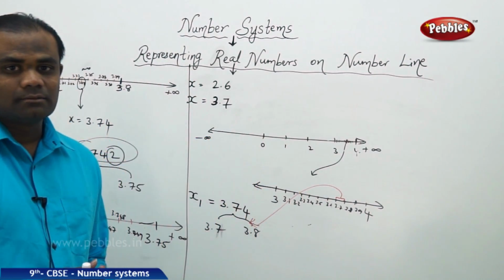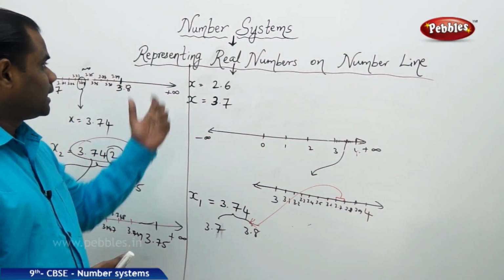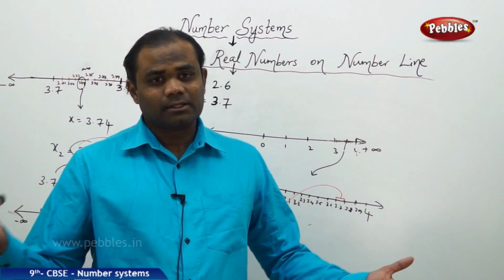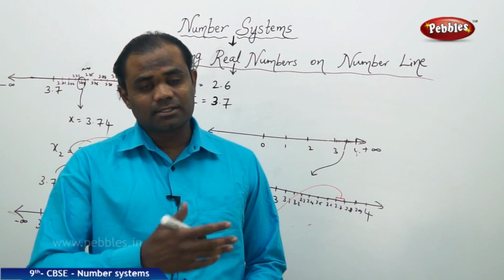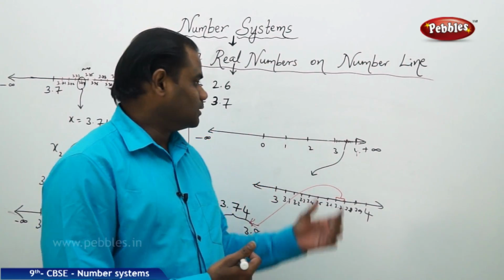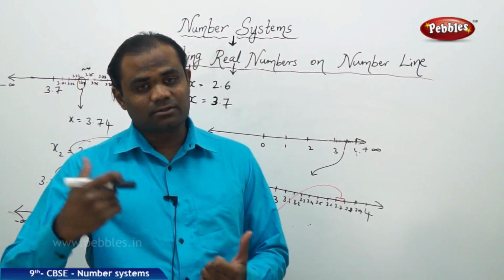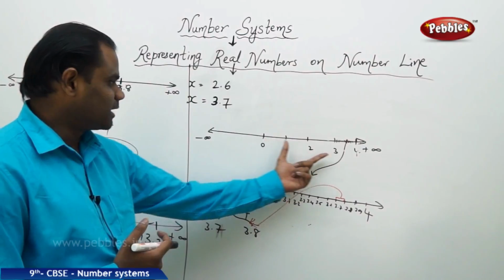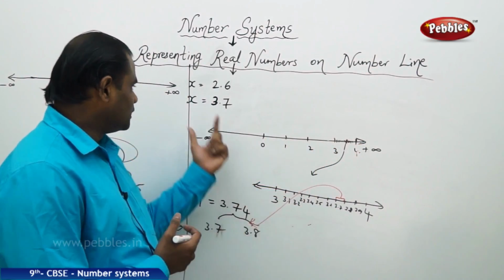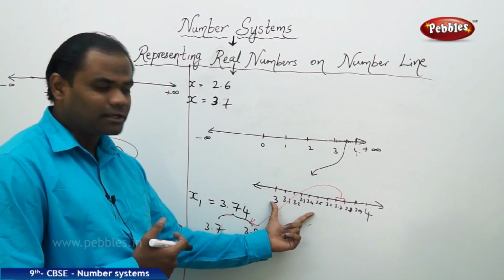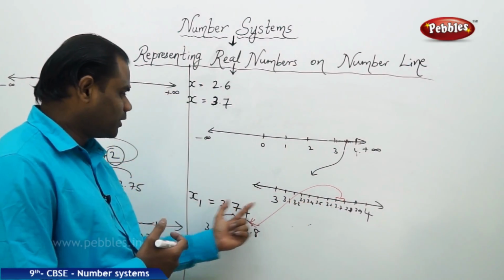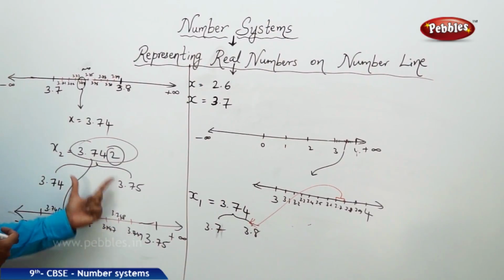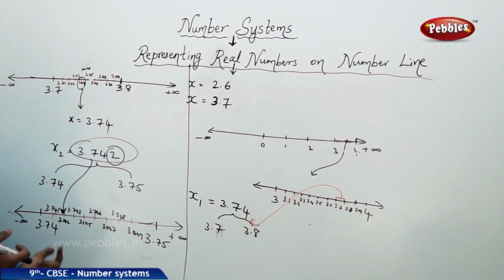Therefore, finally, the learning outcome is that every real number can be represented on the number line, however big the number of decimals is. The successive magnification of the number line will give us, through the first magnification, the value 3.7, the second magnification, the value 3.74, and the third magnification, the value 3.742.